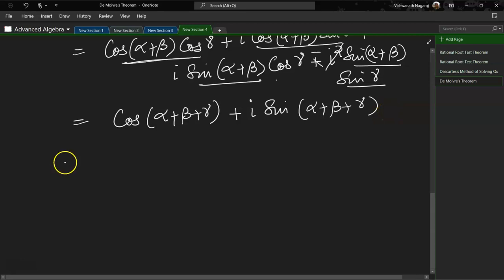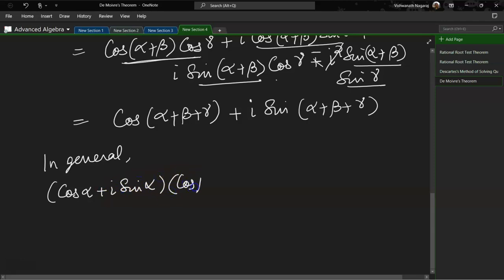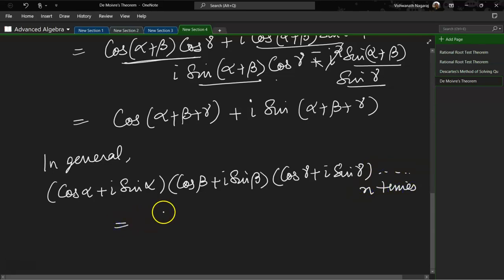So in general, what will we have? If we say we have cos alpha plus i sin alpha, cos beta plus i sin beta, cos gamma plus i sin gamma, and so on, n times, it is equal to, what will it become?